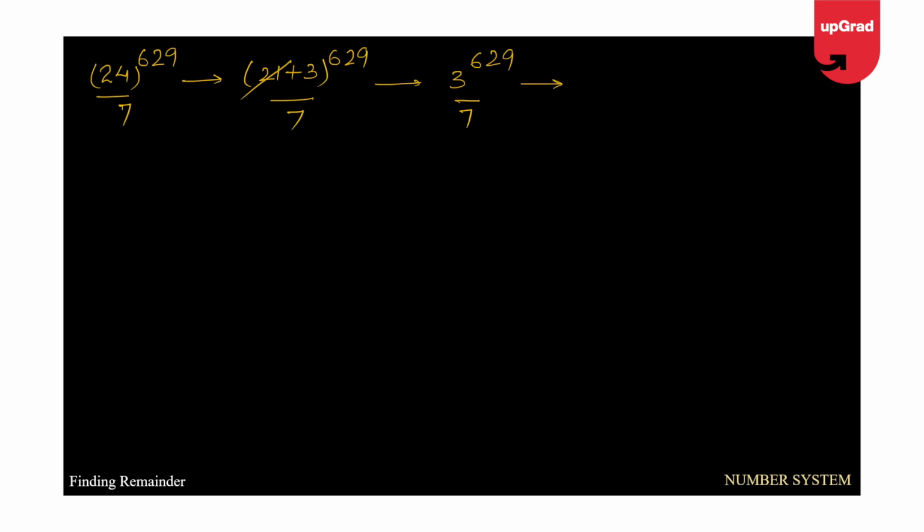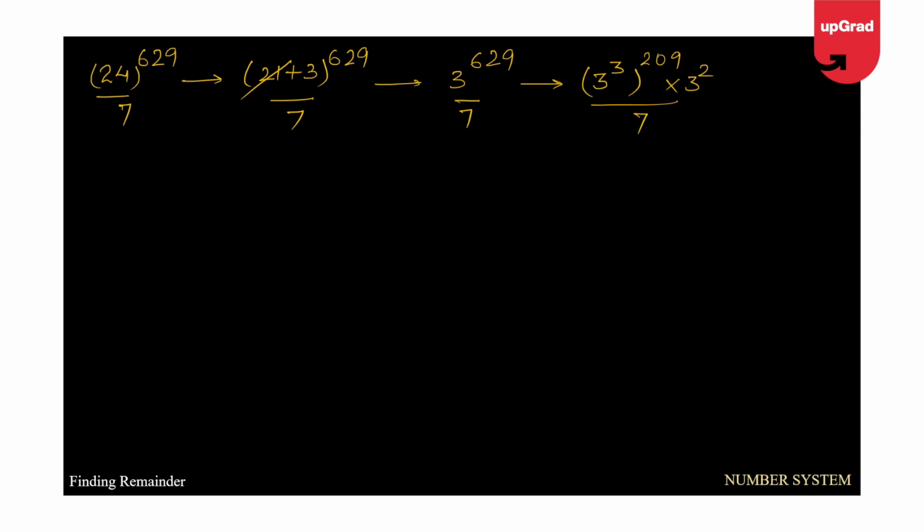Now what I do, I will again try and reduce it in a way that I get something in the form of the denominator. So when I write it like this, I end up getting 209, because 209 multiplied by 3 gives me 627, multiplied by 3 square, divided by 7.